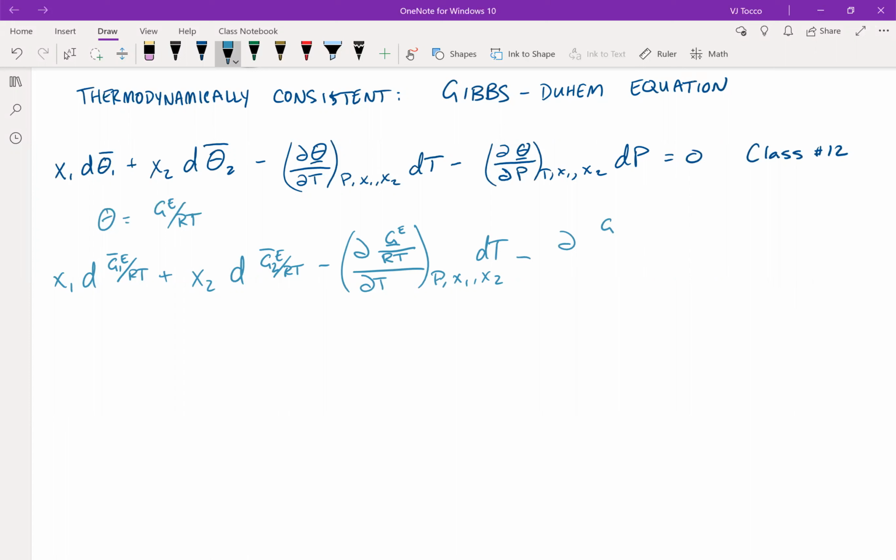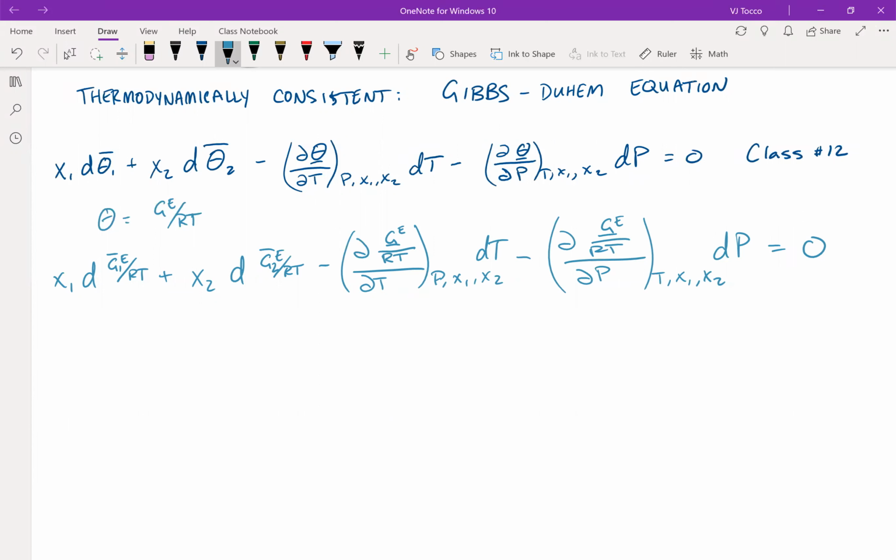Minus dGE over RT with respect to pressure at constant T, x1, x2, dP is equal to 0. All right, now in order to evaluate the Gibbs-Duhem equation, I need to decide whether I want to do it for the PXY case, in which case temperature is constant, or the TXY case, in which case pressure is constant.